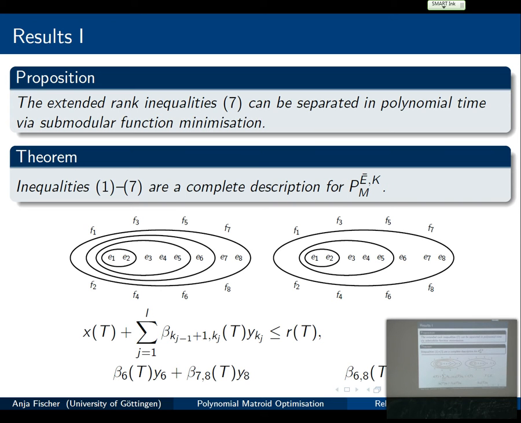But then we would have the coefficients in the rank inequalities beta 6 with y6, and these ones we just add up. So okay, something is missing, then where does beta 6 go? It just is added up to y8. So it's easy to see that this gives us valid inequalities, but it's maybe a bit surprising that just adapting the linearisation we really get a complete description in this case then.